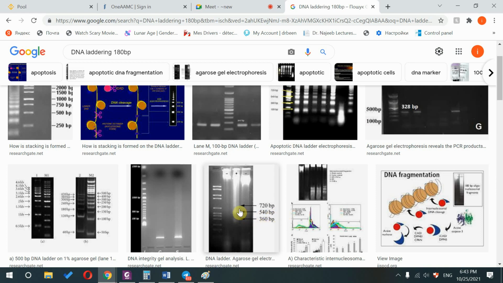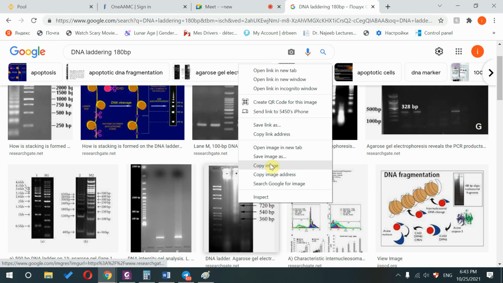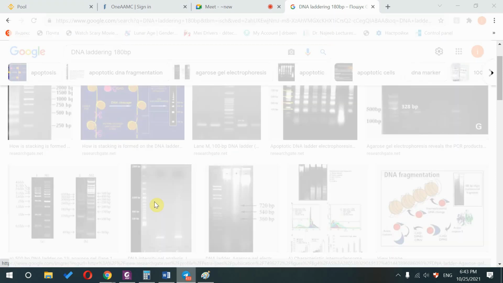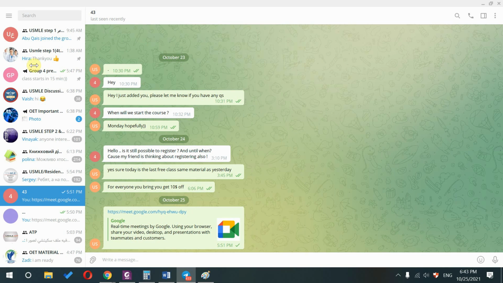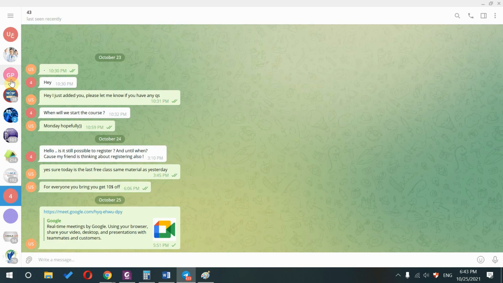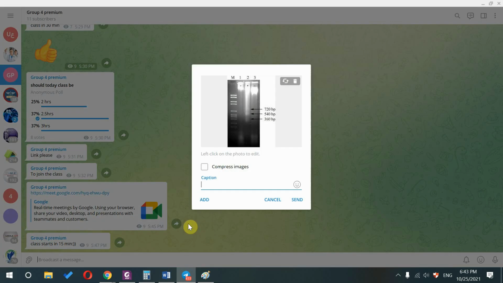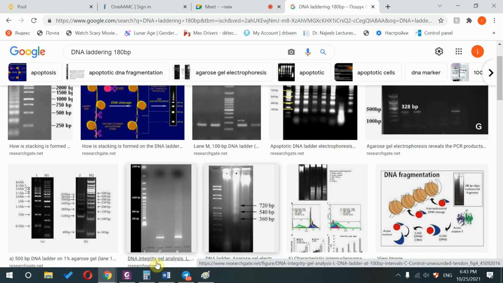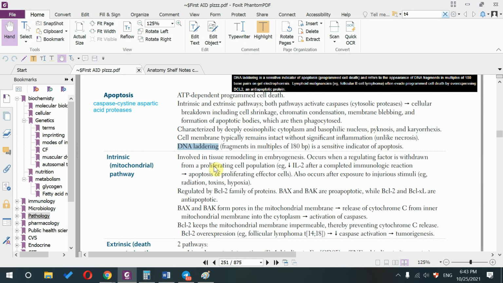So if these fragments are repetitively 180, that means that the cells have undergone which process? Correct, apoptosis. So let me actually put this picture here, and I will be adding the important pictures that we review in this group.